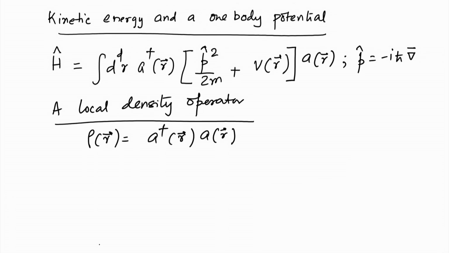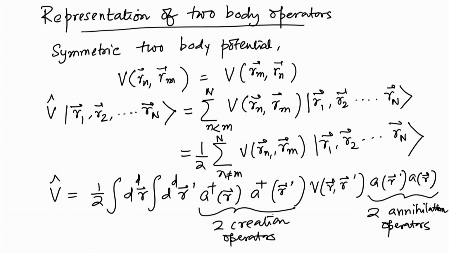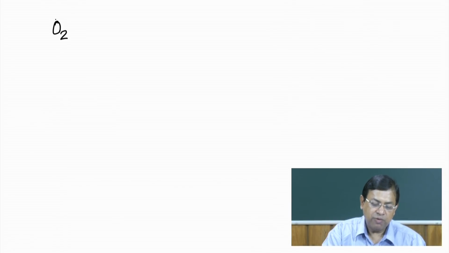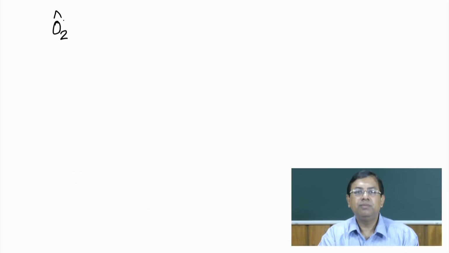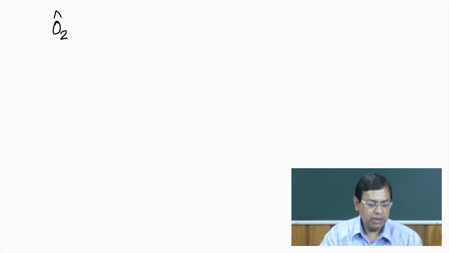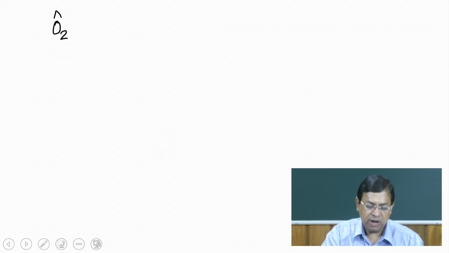As opposed to the one body term, which contained one creation operator and one annihilation operator. Now, this can be written in a general sense and in any basis, just like what we have done for the one body operator. We will write a two body operator in terms of scattering events. I will describe how.